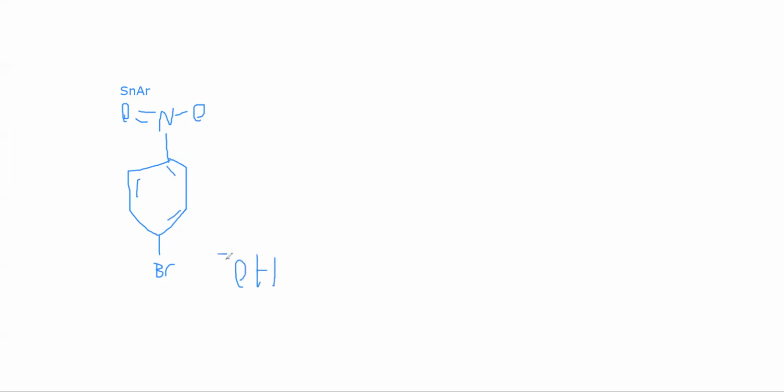If we're using hydroxide as our nucleophile, it can attack the spot where the bromine is. I'm just going to show how the electrons can flow and why that matters. If you show all of those electron flows going up to the nitro group, then you're adding electrons to the benzene ring with the nucleophile, but because the nitro group withdraws electrons, it stabilizes those extra electrons that we just added.